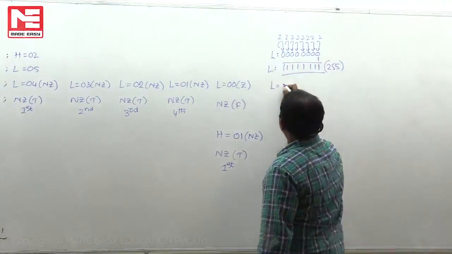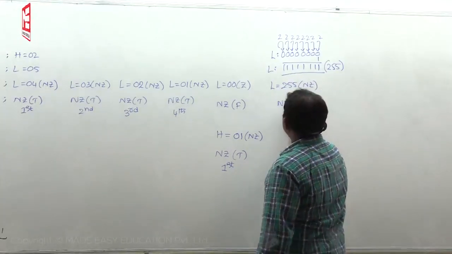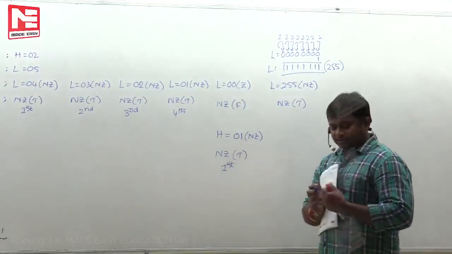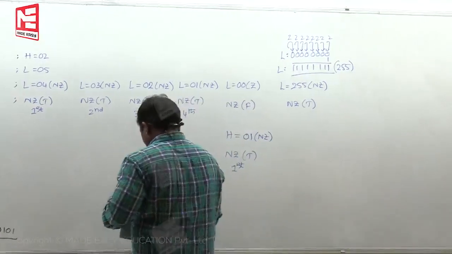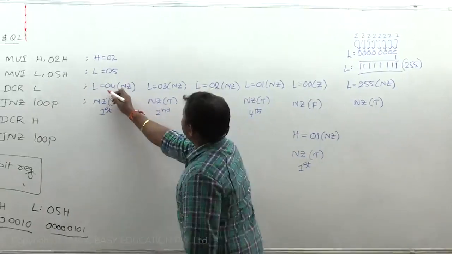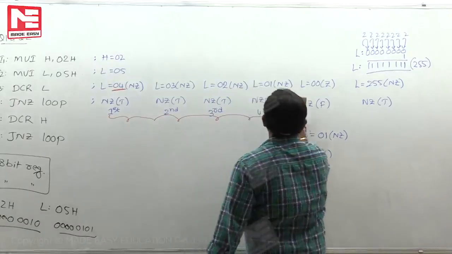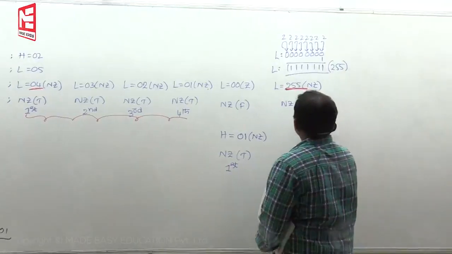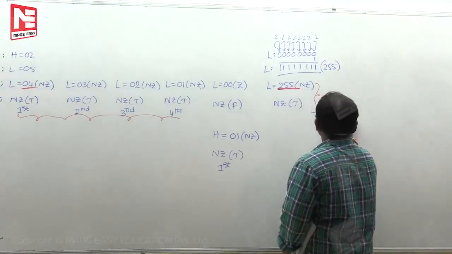Now L equals 255. 255 means non-zero, so the condition is true and control will be transferred. Here L was 4, so 4 times control transferred, and on the fourth time the condition became false. Now L is 255, so 255 times control is transferred.